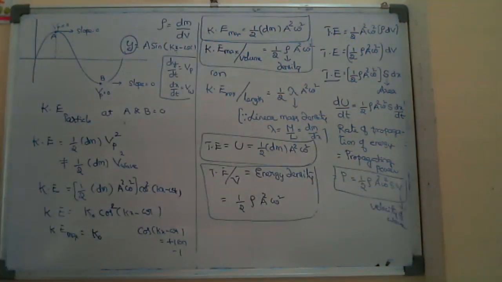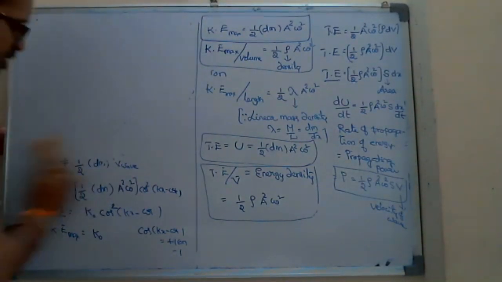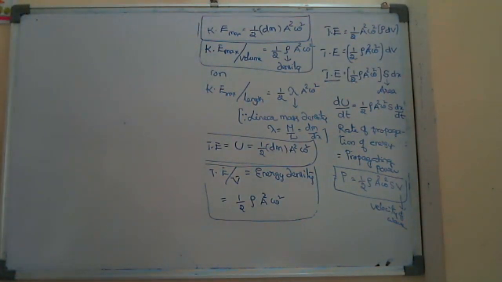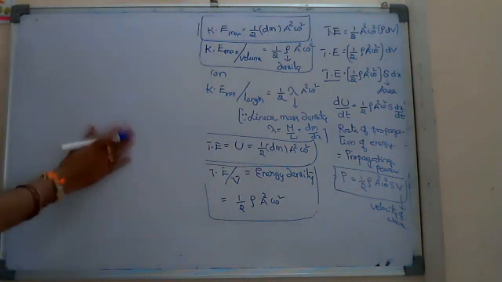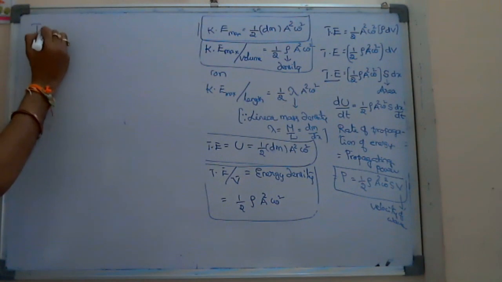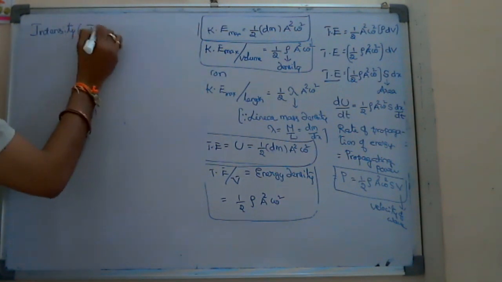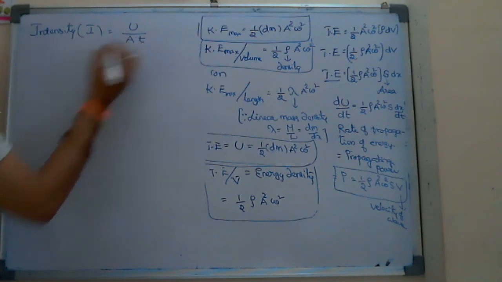Then here, suppose after finding out the power, if I ask the intensity of propagation, intensity here in the wave, intensity propagating through the wave, I represent it with the letter I. I is actually energy per unit area in unit time.